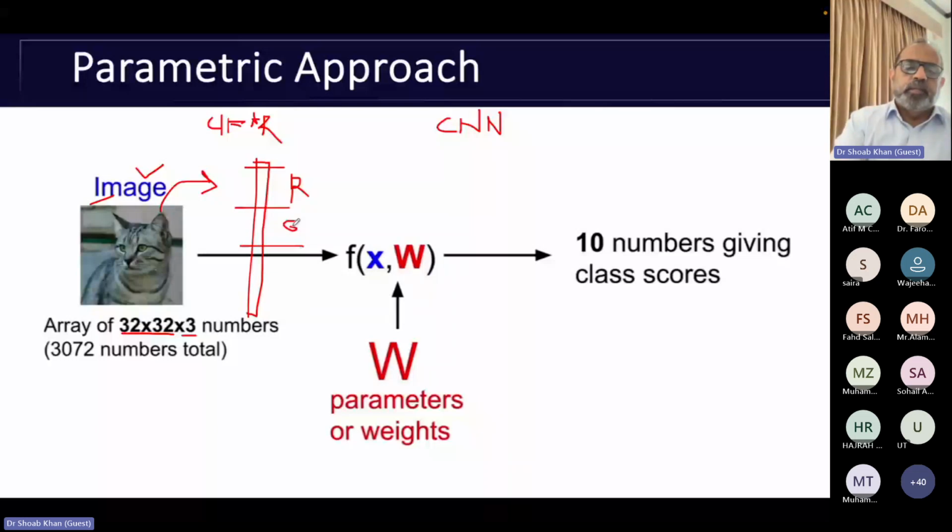So it will become a vector of size 3072. If you multiply 32 into 32 into 3, the total is 3072.